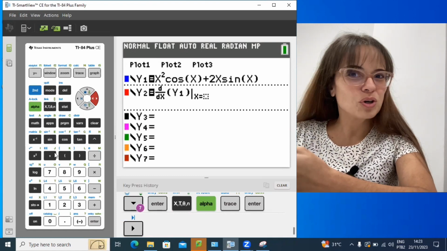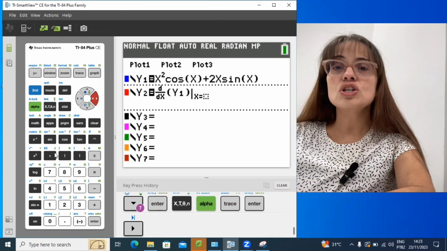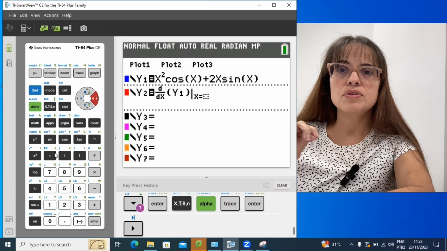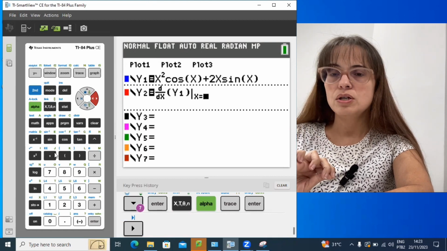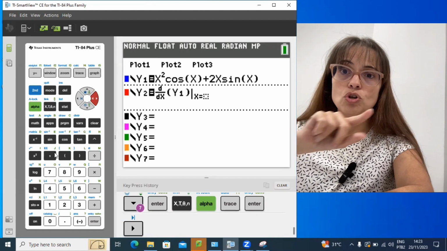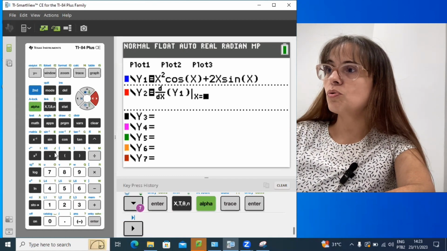It's not to use the product rule and whatever. It's just to calculate numerically the value of the derivative at a point. But I want it as a function. I don't want just one point. I want all points so that it creates a graph.